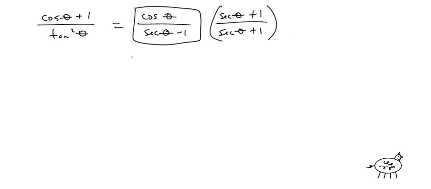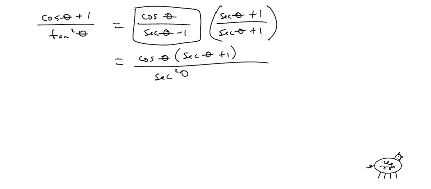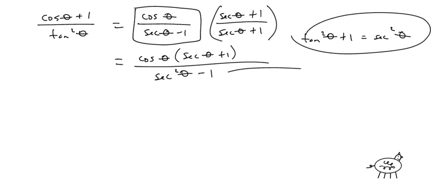Okay? So let's just write that out. Cosine of theta, secant of theta plus 1. And on the bottom, I have secant squared of theta, and then the outside and inside cancel, and then minus 1. So I'm going to write this out here. Tangent squared of theta plus 1 equals secant squared of theta. Now you notice I can rewrite this guy right here based on this.